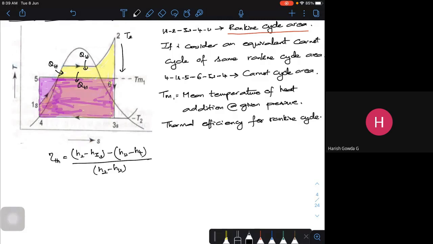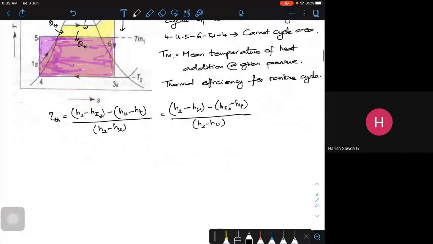Now I can modify this and write it as H2 minus H1S minus (H3S minus H4), divided by H2 minus H1S, or I can write your thermal efficiency for a Rankine cycle as 1 minus (H3S minus H4) divided by (H2 minus H1S).